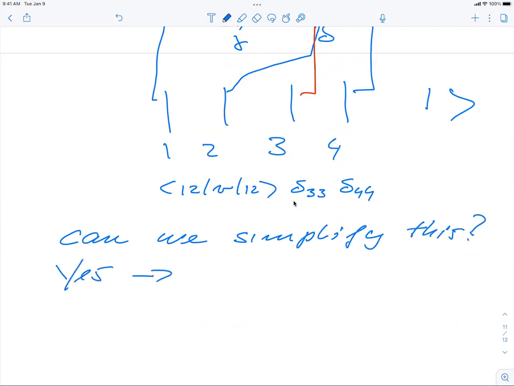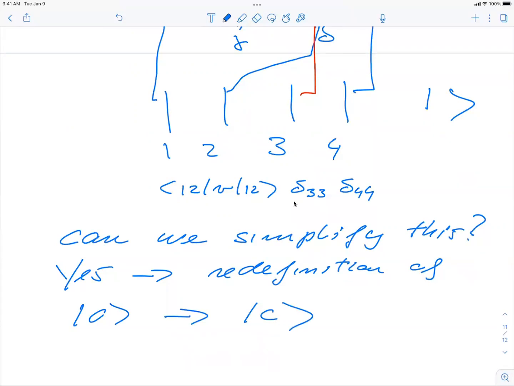And that leads to what's called a redefinition of the vacuum state to a new vacuum state, which I'm going to call C. C is going to stand for core. So you will have a core of single particle states which are filled, and then you will have states above that which are empty, and that's going to define the Fermi level. And this leads to what's normally called the particle hole formalism.